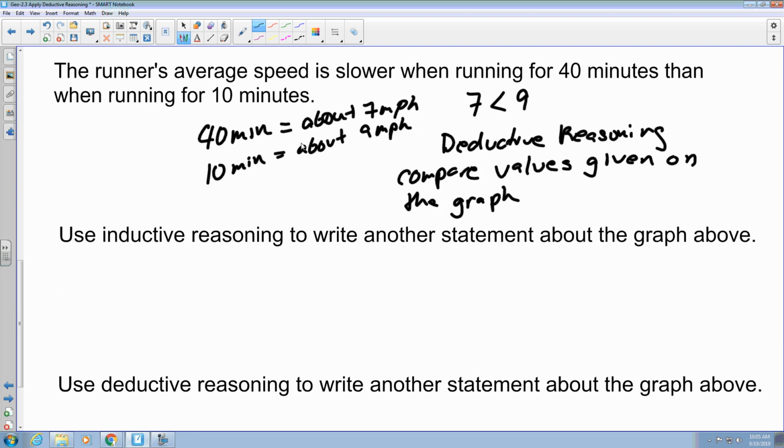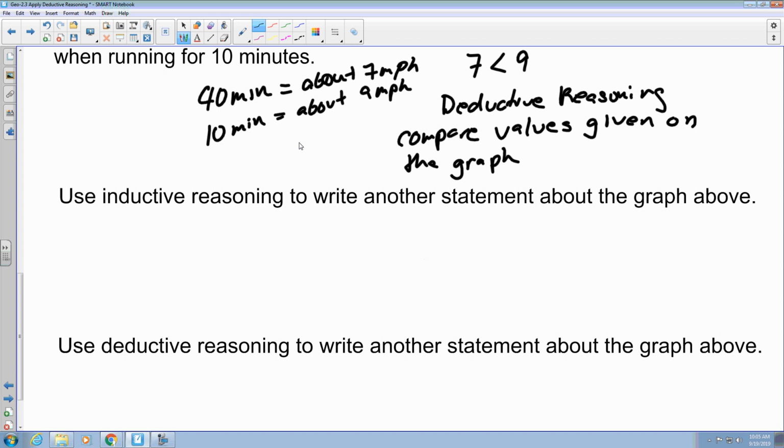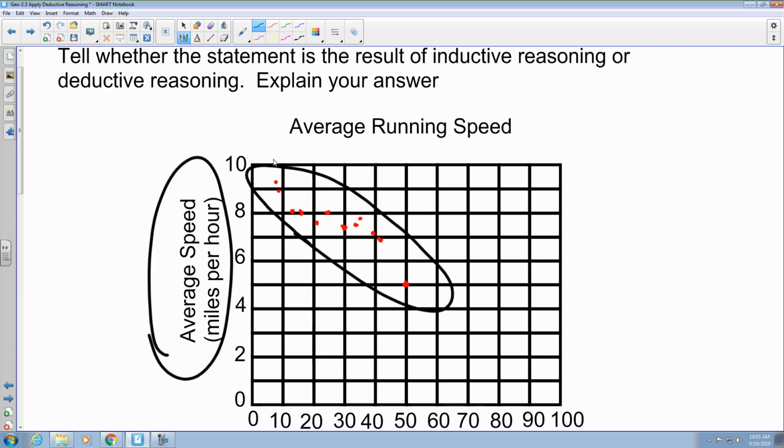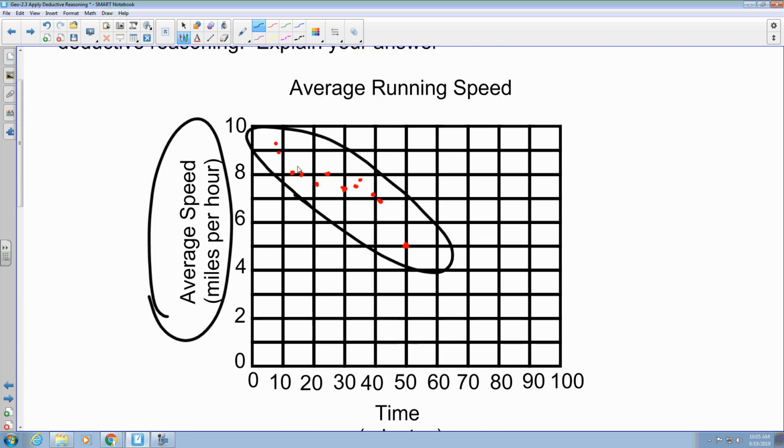Okay. Here it says use inductive reasoning to write another statement about the graph. So just by looking at the graph, we're going to make our conjecture. And so it looks like the faster the speed of the runner comes from the less time he or she is running.